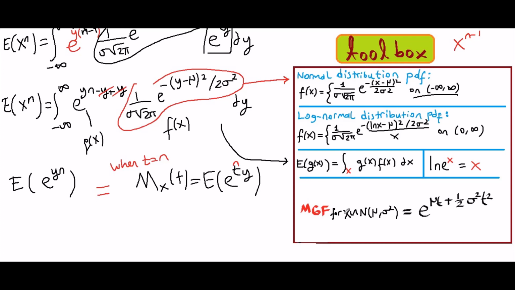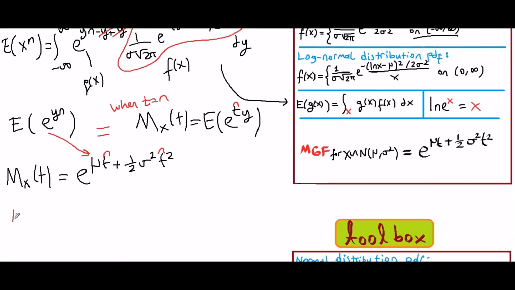So we know the moment generating function for normal distribution, which is equal to e raised to mu t plus 1/2 sigma squared t squared. And here, instead of t, if we place n, we find the expectation e raised to yn. So the nth moment will be equal to e raised to mu n plus 1/2 sigma squared n squared. So this is our nth moment.